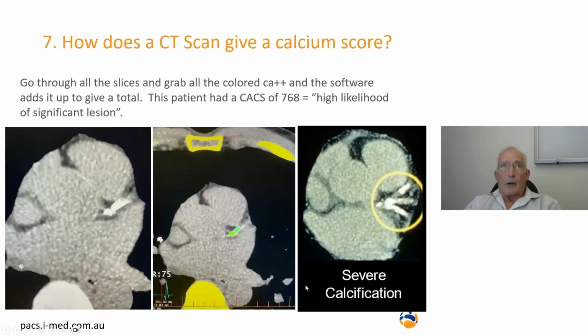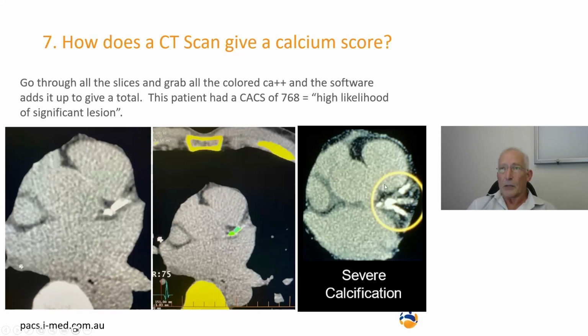So just to get back onto the next question, how does a CT acquire the calcium score? Okay, now the important thing is that it's non-contrast. The radiation dose is there, but there's no iodine, so that you don't have this risk of iodine, as we mentioned, one of the contraindications to the CTCA. It acquires a block of data. The software literally fills in the calcium with different colors.